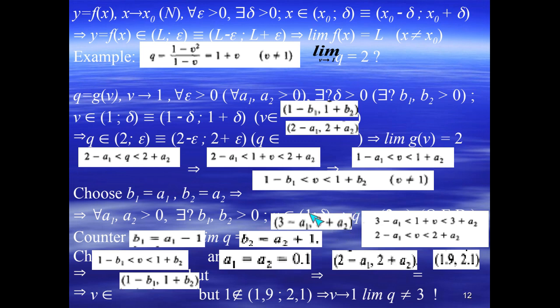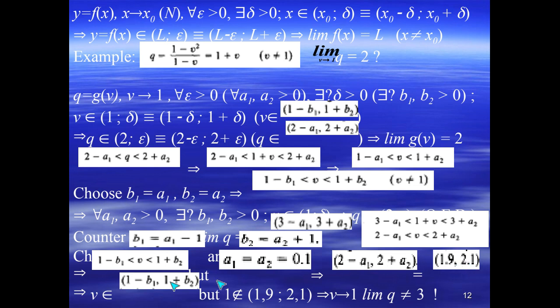If I subtract 1 from these, I remain with the interval 2 minus a1, 2 plus a2, which is 1.9 and 2.1.